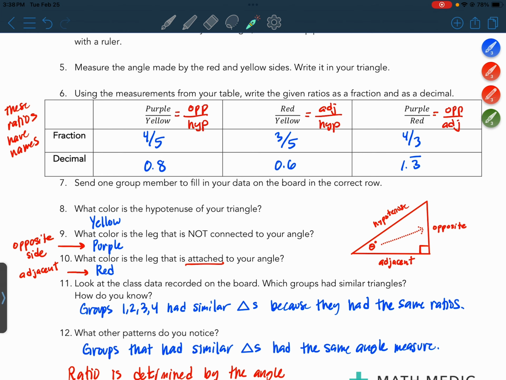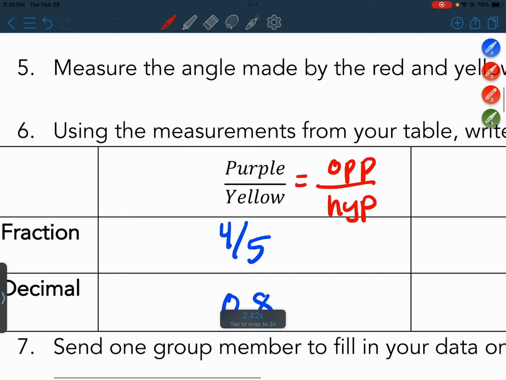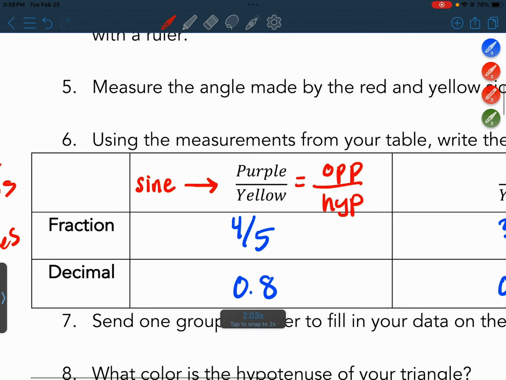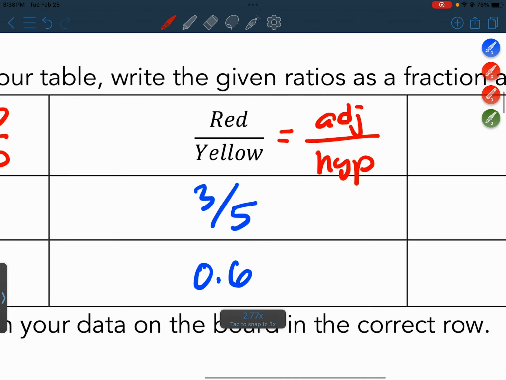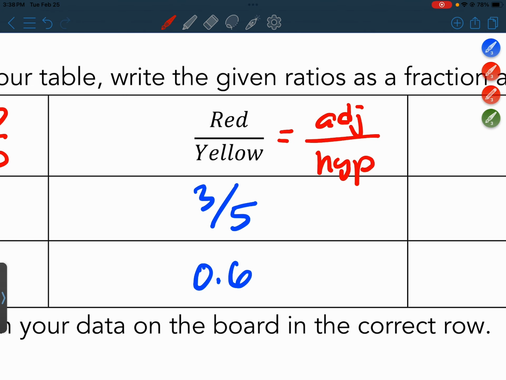But now let's talk about the names of these ratios. So the first ratio, purple to yellow or opposite to hypotenuse, this is called the sine ratio, S-I-N-E. The next ratio, the red to yellow, or we'll now call it the adjacent to hypotenuse, this is called the cosine ratio.